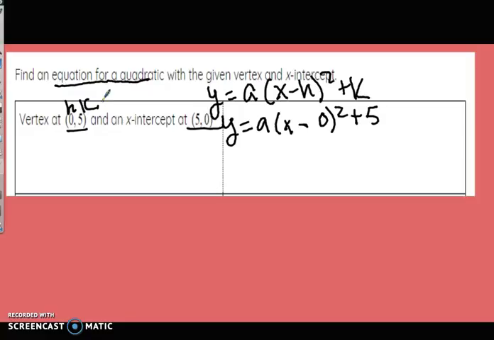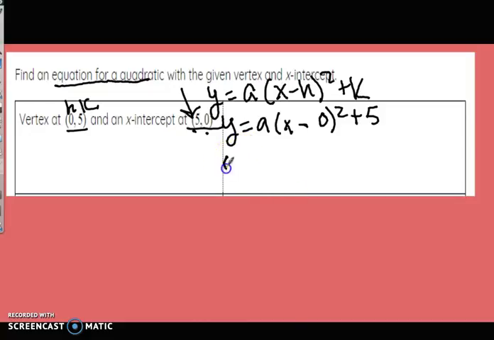Okay, so what am I missing? You are missing your a value, right? How can I use my x-intercept to find that a value? What do you mean? Okay, so he says put in 5 as your x and 0 as your y.